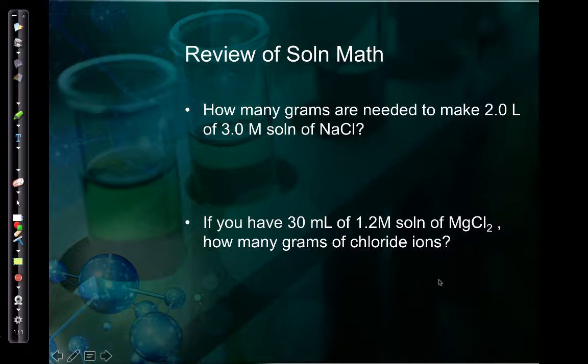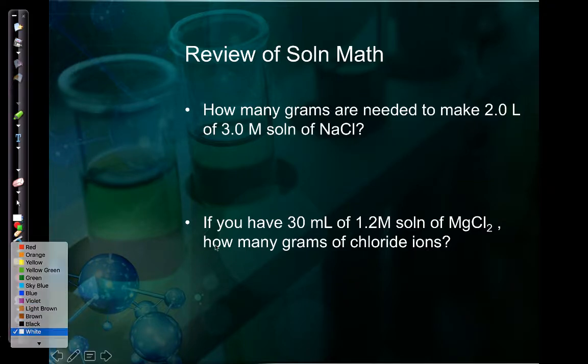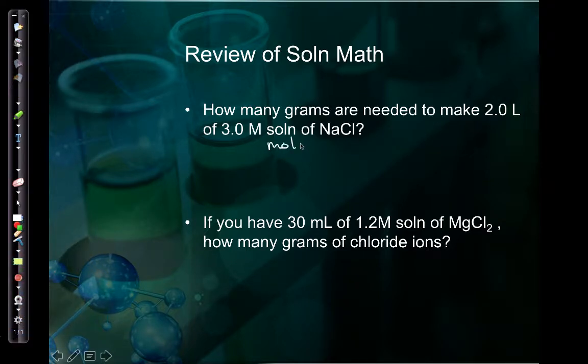All right, we did some math with solutions last year, so we're just going to review that. Big M stands for moles per liter. This is a conversion factor between moles of the solute and liters of the solution. So 3 big M would be 3 moles is equal to 1 liter of the solution.